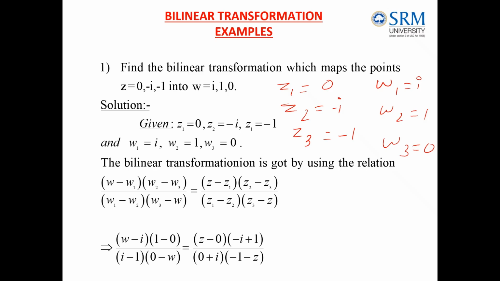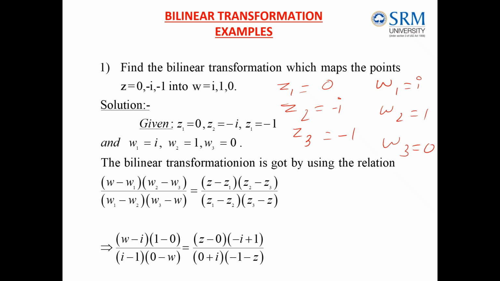We write the cross ratio property: (W minus W1) into (W2 minus W3) by (W1 minus W2) into (W3 minus W), and similarly on the right hand side. Then substitute W1, W2, W3 on the left hand side and Z1, Z2, Z3 on the right hand side.